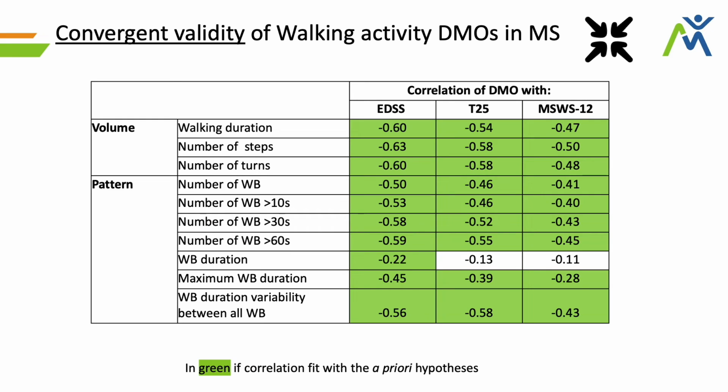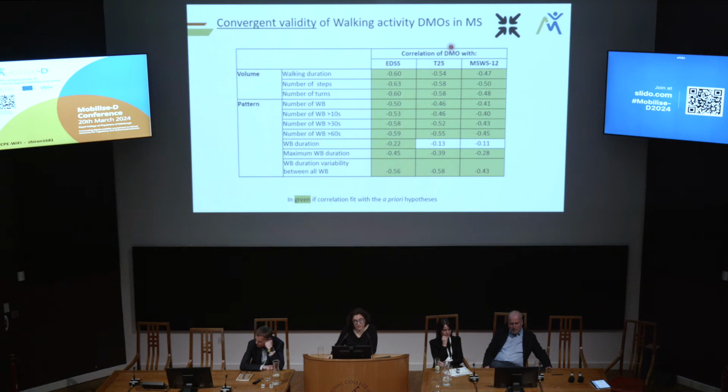This table shows the convergent validity results of the walking activity DMOs in multiple sclerosis. We tested the correlation with 3 clinically relevant measures in this disease, and for each of these combinations of DMO and clinical measure, we had a range of the expected correlation, let's say from 0.5 to 0.7.